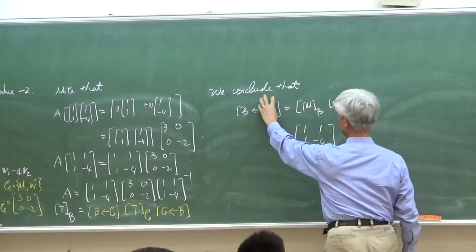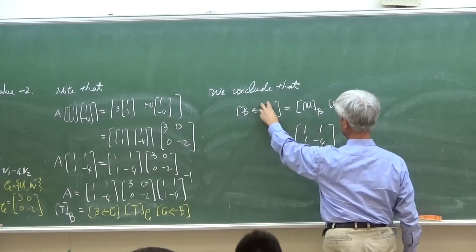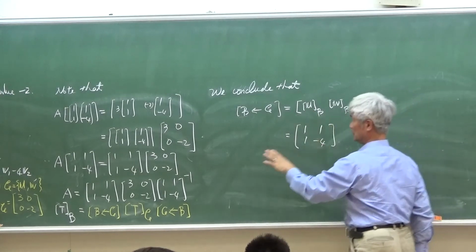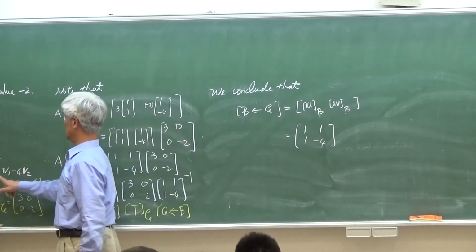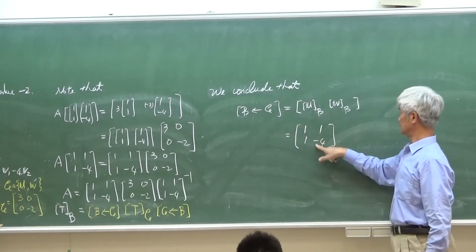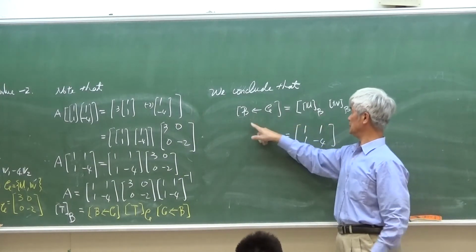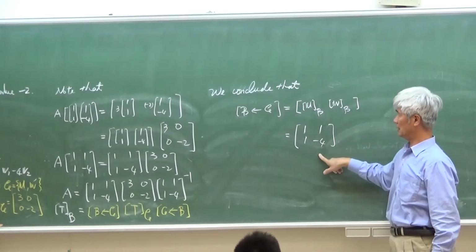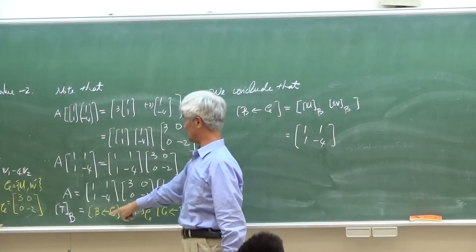The basis C here consists of U and W, and it's P coordinate here. So C to B, by our definition of the transition matrix, of course fits.